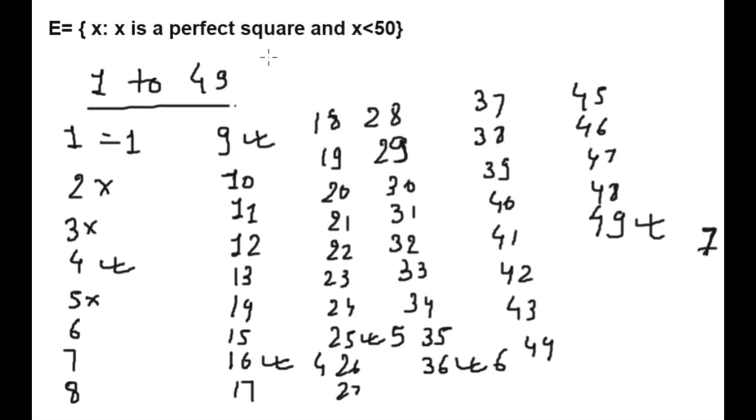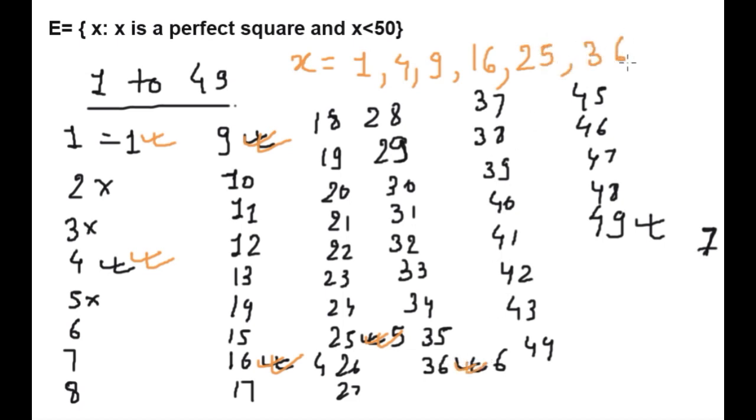So we can write x is equal to 1, 4, 9, 16, 25, 36 and 49.